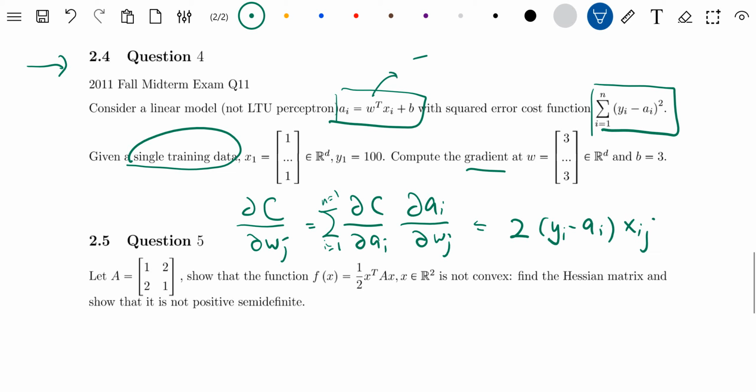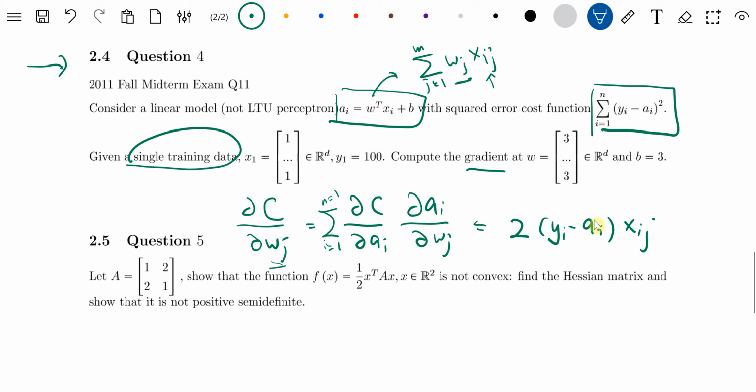So here it's just the sum of j from 1 to m, wj xij. So that's why when you take the derivative with respect to one particular wj, you get the xij.